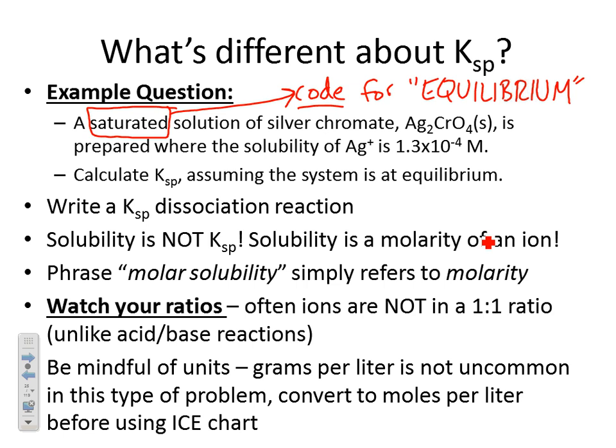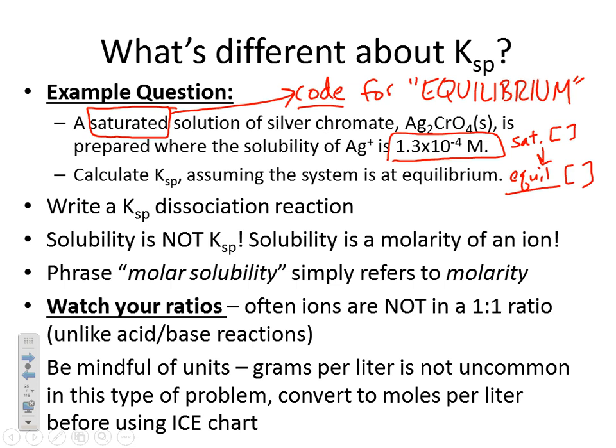So when it says the saturated solution has the solubility of Ag plus to be 1.3 times 10 to the minus 4th molar, because this is the saturated concentration, that means this is the equilibrium concentration. That's a big, big thing. If it says saturated, that means we're at equilibrium.